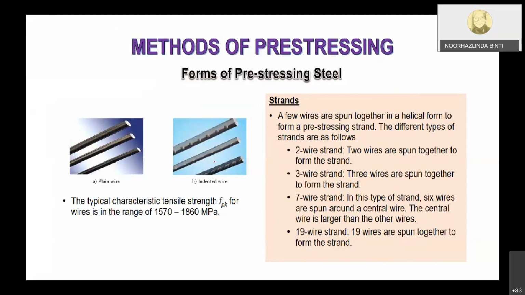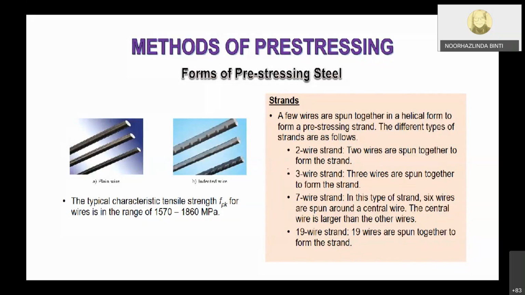Okay, that's wire. And what are strands? Strands are when a few wires are spun together. Spun together means twisted together in a helical form to form a pre-stressing strand. So instead of using one wire or two wires, now they use a few wires, spun together or twisted together to become one strand.